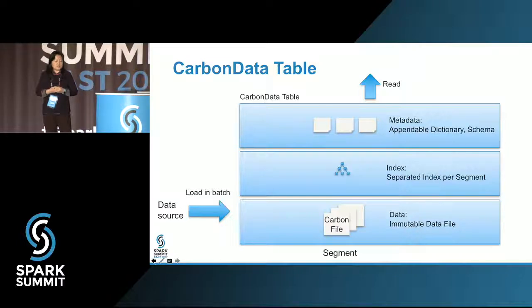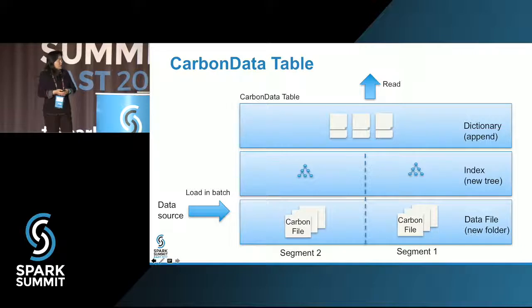As you can see, a carbon table is formed with a segment directory, and for any subsequent data loading, the same process will repeat. A new segment will be created to hold the data as well as the index for this segment, and if we find any new values, we append them to update the dictionary.